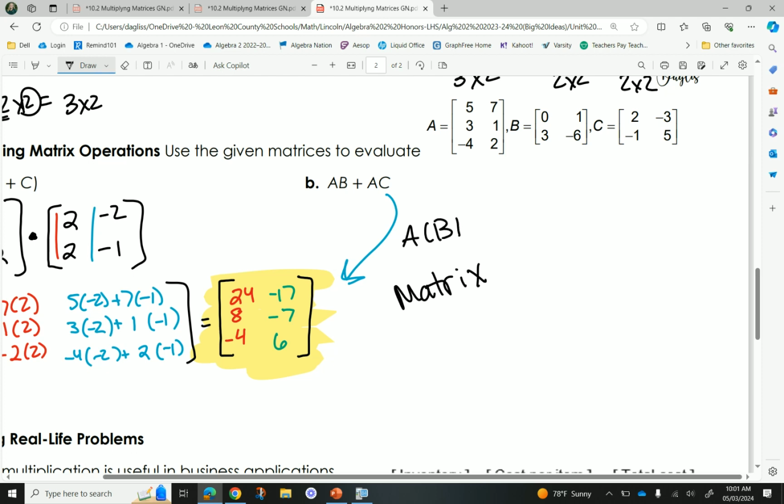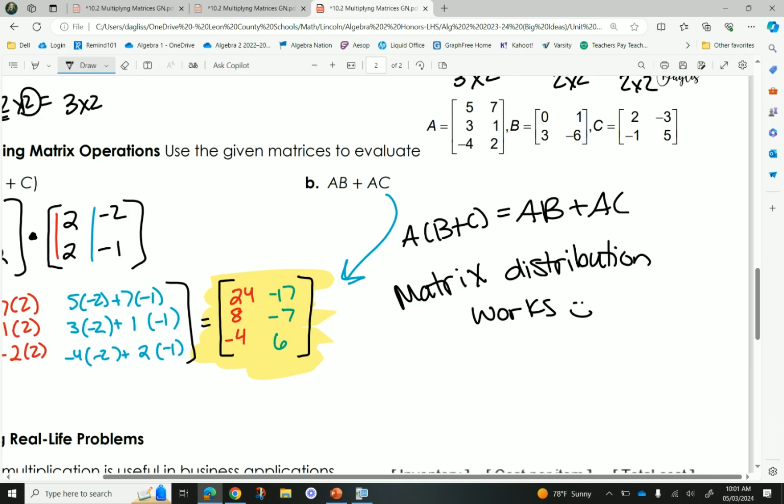A times B plus C was the same as A times B plus A times C. So matrix distribution works. Okay, they are the same.